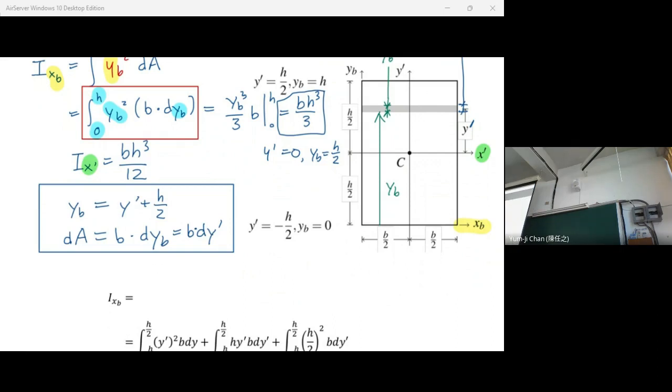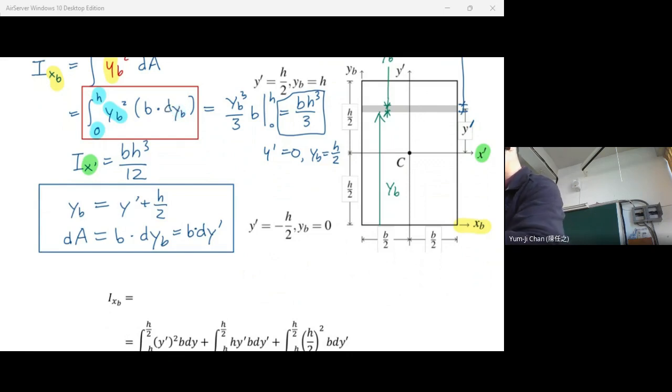Therefore, we use this relationship to replace these three, and use the second relationship to replace dyb. Right? How should I? Wait a minute. Oops.